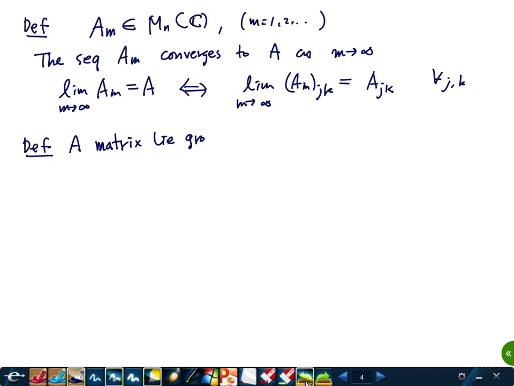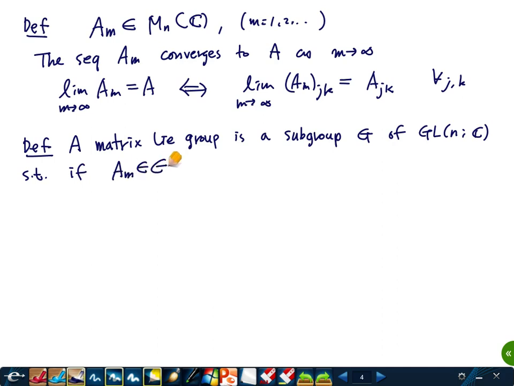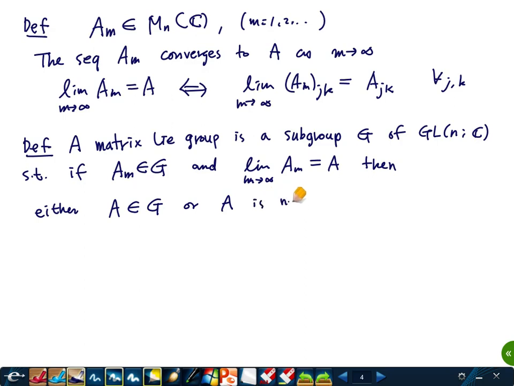A matrix Lie group is a subgroup, say G of GL n C, so it's a group of invertible matrices, such that if A_m is in G and if there is a limit A, then either A is in G or A is not invertible. So it's a subgroup satisfying this property.